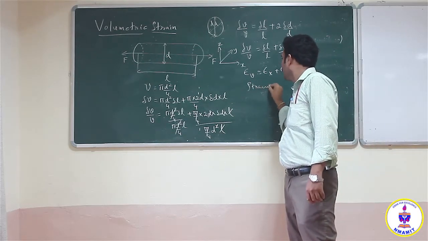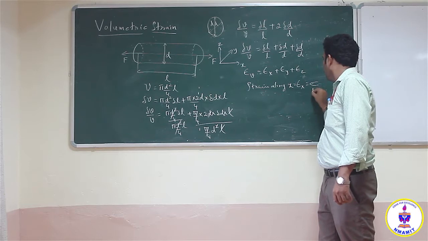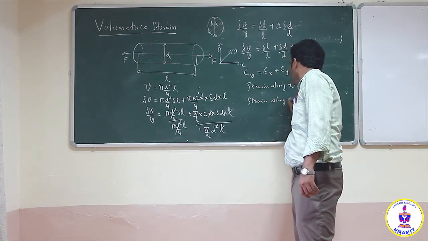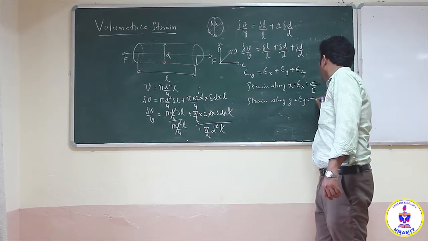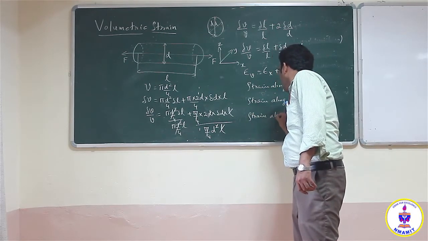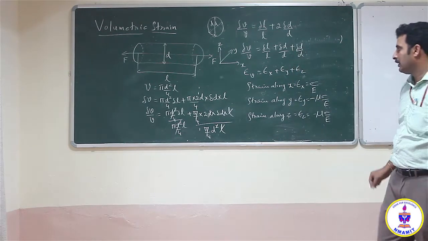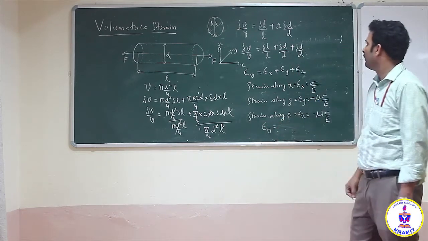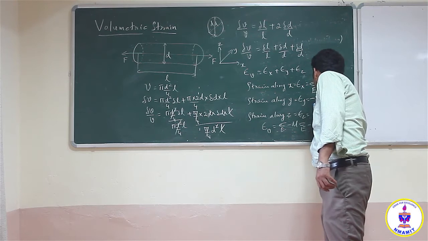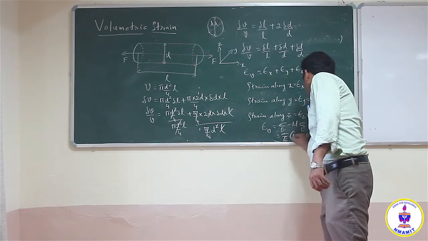So strain along x is the longitudinal strain, epsilon x equal to sigma by E. Strain along y is epsilon y equal to minus mu into sigma by E. Strain along z, epsilon z equal to minus mu into sigma by E. So the total strain, that is the volumetric strain, equals sigma by E minus mu into sigma by E minus mu into sigma by E, or it is sigma by E into 1 minus 2 mu.